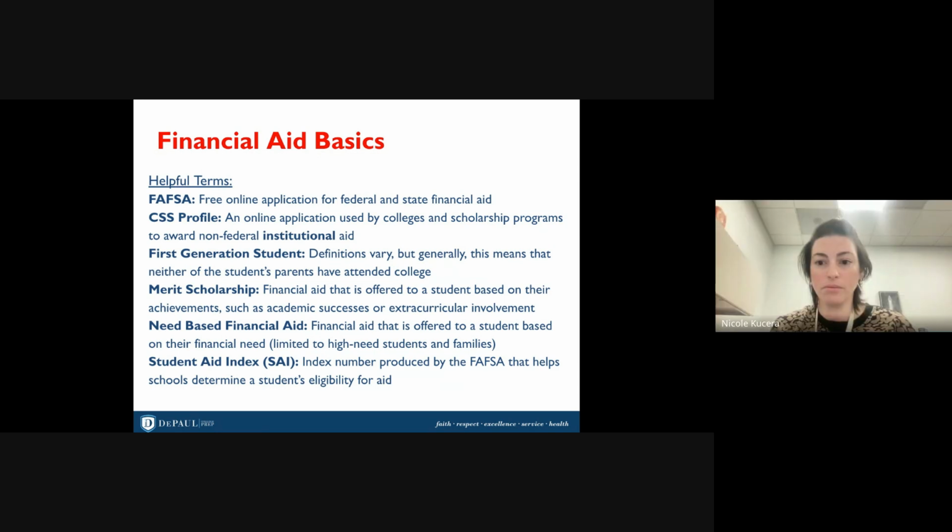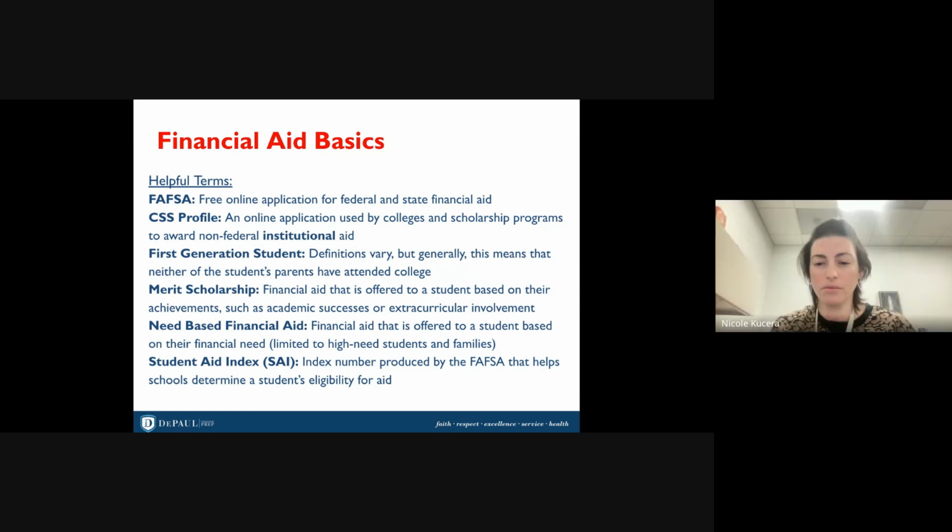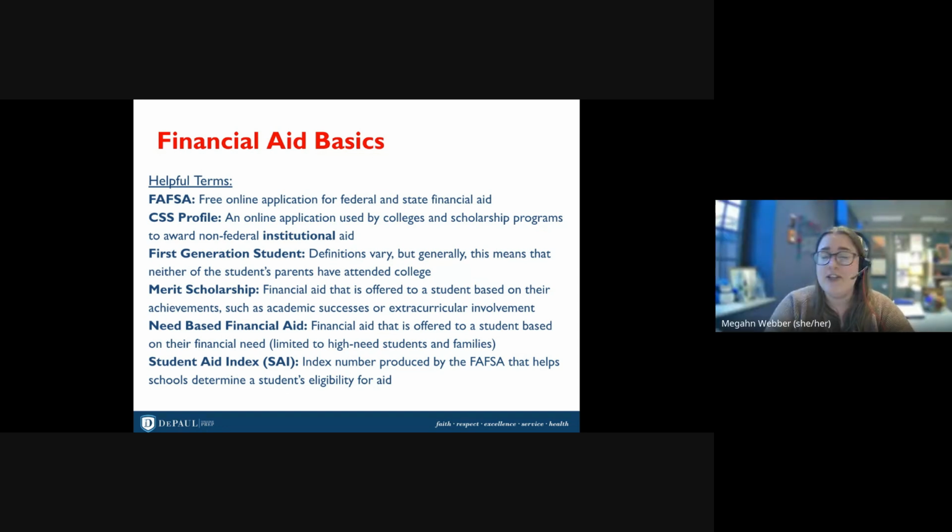The next one I wanted to go over is a first generation student. This is something that gets brought up all the time in terms of admission and financial aid. And the definition varies a little bit on this, so I tried to be relatively vague in the definition there, but generally it means that for the student incoming to school, neither parent has attended college or university.